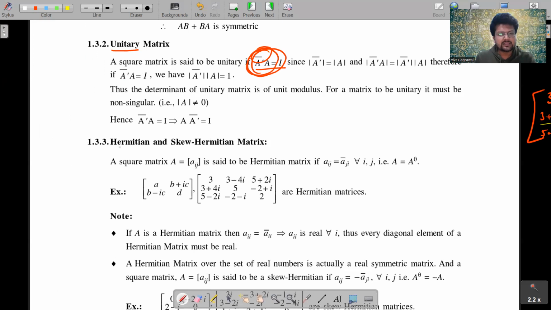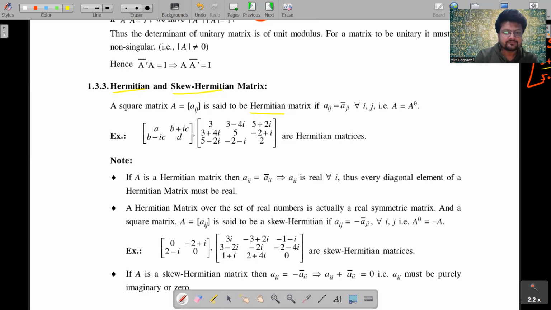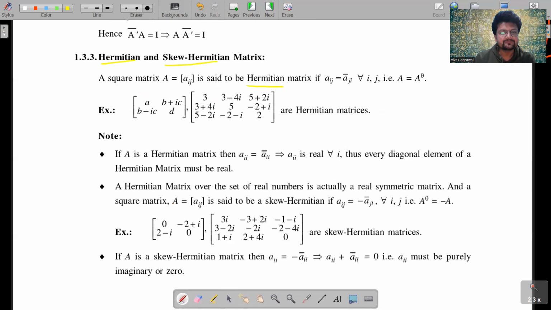Okay. Now let's discuss the next matrix, that is Hermitian and skew Hermitian matrix. In this, the condition is this will be a Hermitian matrix if Aij is equal to Aji bar. What does it mean?